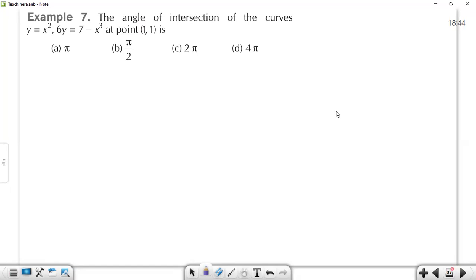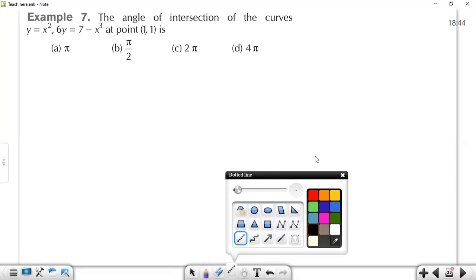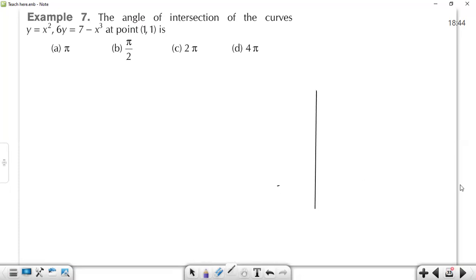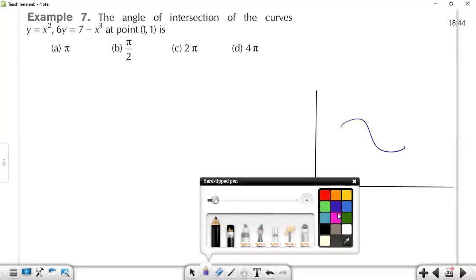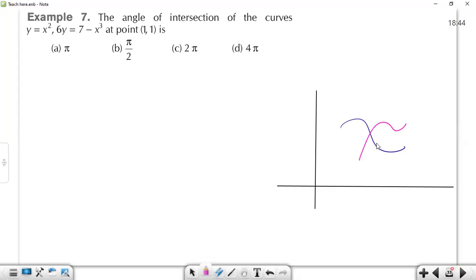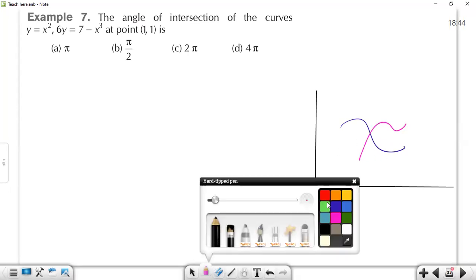So basically, let's say this is some coordinate plane, and these are two functions. Now we have to find out the angle between these two at this particular point.